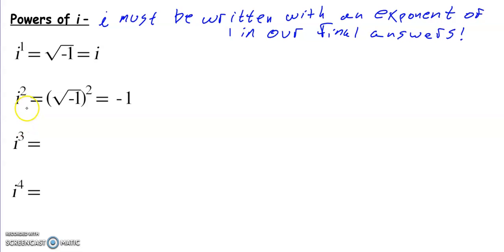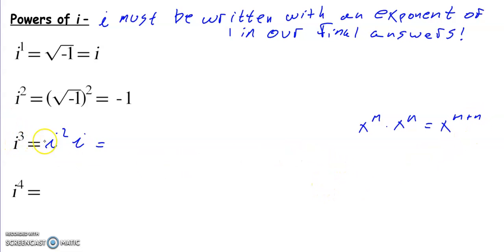i to the third power would be the same thing as taking i squared and multiplying it by i. Because remember, our exponent rules, our product rule says if you have two bases that are the same base but with different exponents, we can just keep the base and add those exponents. So that's what I'm doing right now.